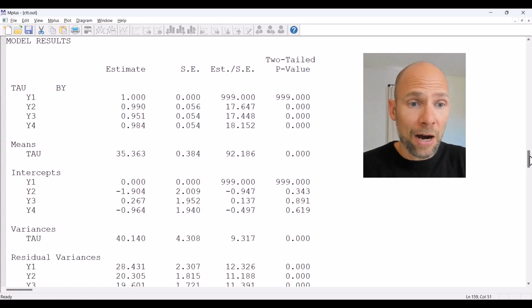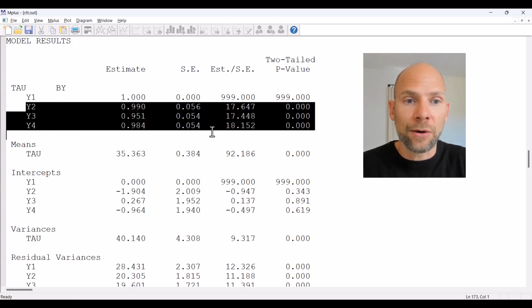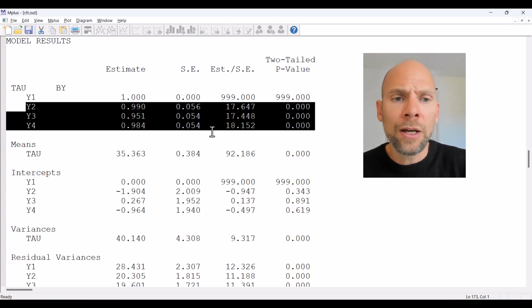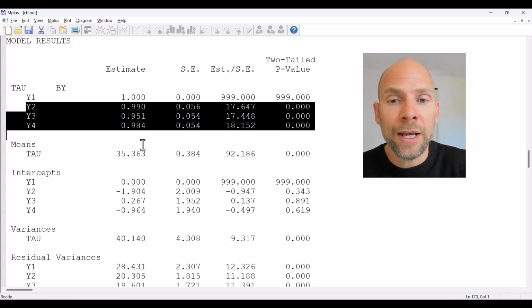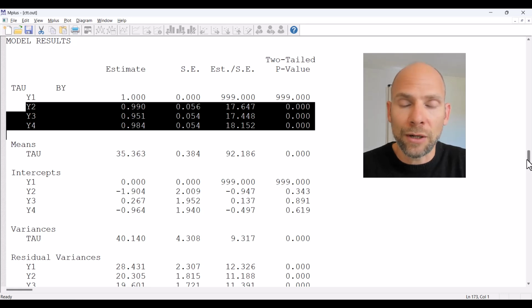You can see that now factor loadings are allowed to differ. The first one is fixed to 1 for identification, as we would usually do in confirmatory factor analysis, and the other loadings are estimated. They are all fairly close to 1, so probably a model of essential tau equivalence would work here as well for those 4 variables, because these loadings are all so close to 1, so maybe they could all be fixed to 1 without loss in model fit, and that's something that you could test as well.